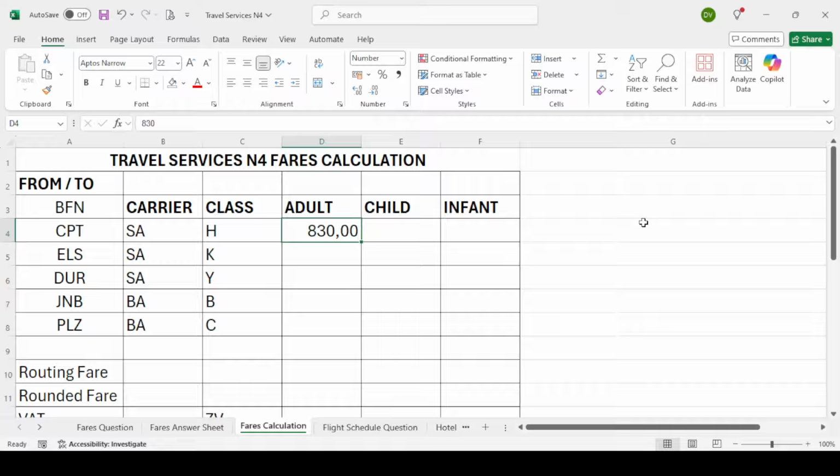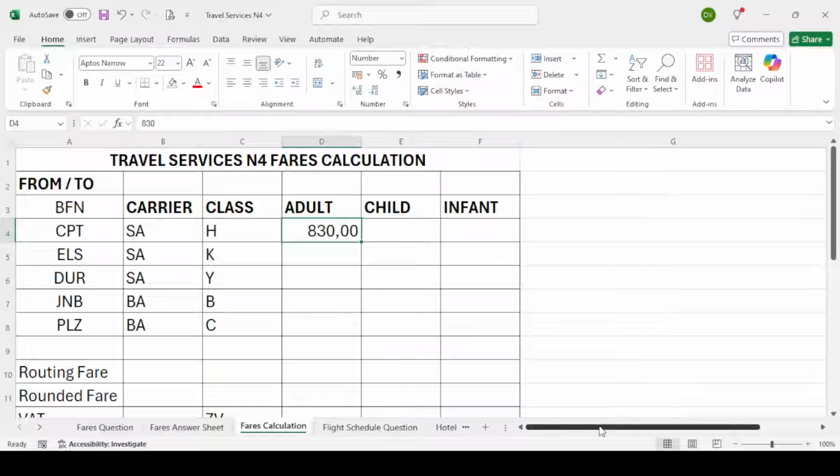Now with SAA, because they only give us the adult fare, you have to go and work out the fare for the child and the infant. So we know that the child pays only 67% of the adult fare and the infant pays only 10% of the adult fare.